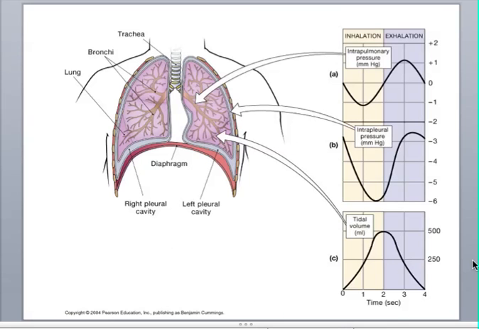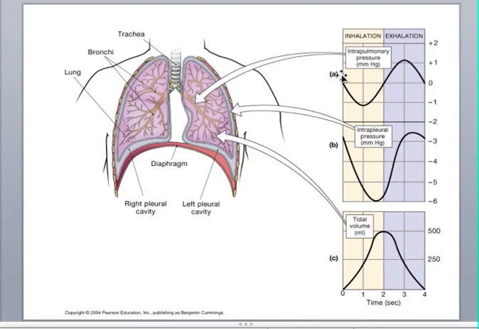I showed you this already, and this image is basically showing you what happens in inhalation and exhalation. So in inhalation, the lung, or the thoracic cavity, is going to expand, and the volume of the lung is going to increase, which then will drop the pressure.